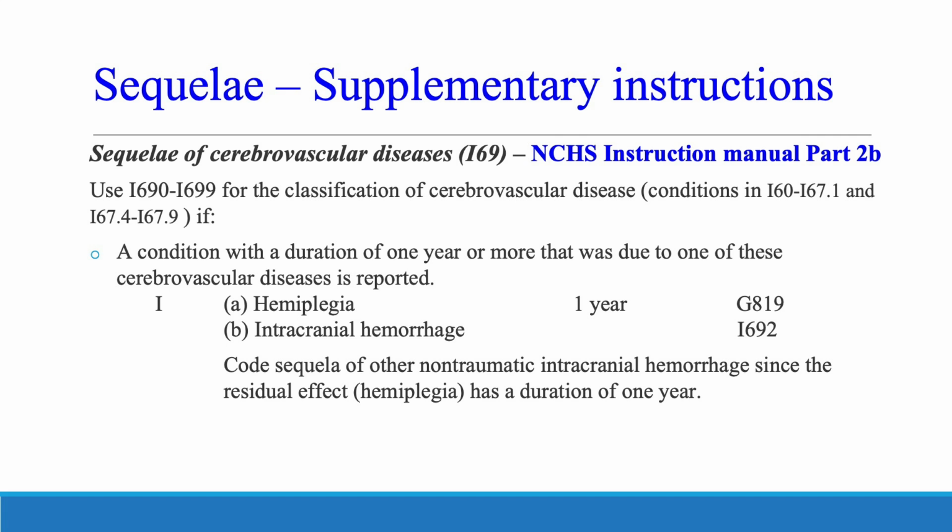We have a condition with a duration of 1 year or more certified as due to a cerebrovascular disease. Therefore, the instruction is to code that cerebrovascular disease, in this case, intracranial hemorrhage, to sequela of other non-traumatic intracranial hemorrhage because the residual effect has been certified. So we're going to use the code I692 for intracranial hemorrhage in its residual phase.